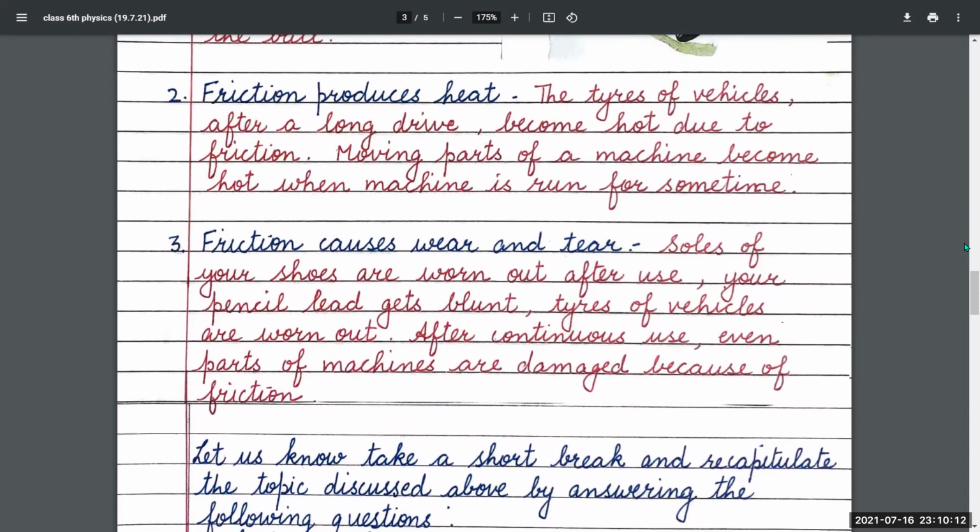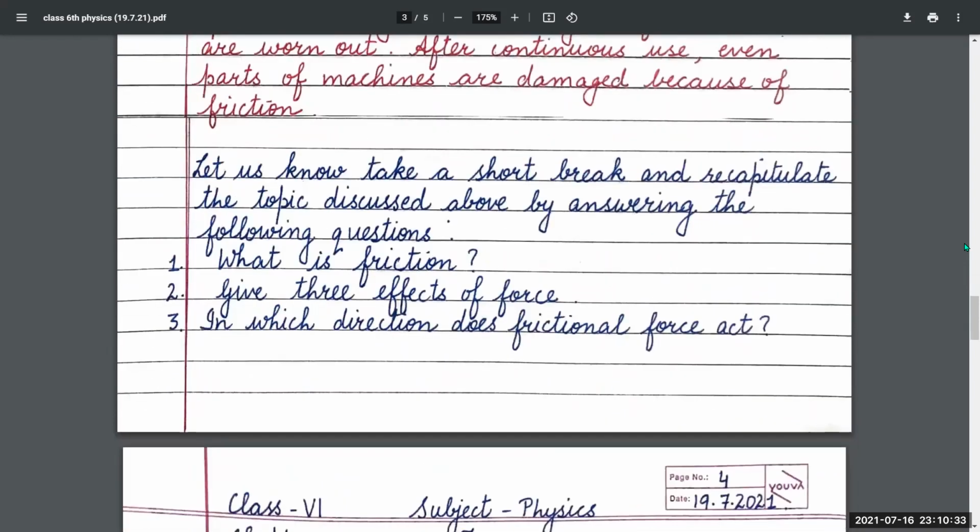Soles of your shoes are worn out after use. Your pencil lead gets blunt. Tires of vehicles are worn out. After continuous use, even parts of machines are damaged because of friction.